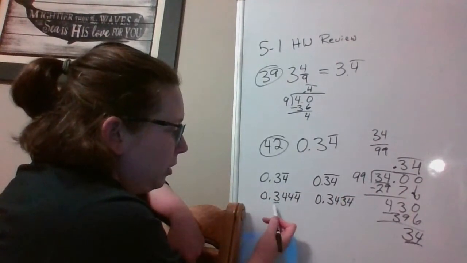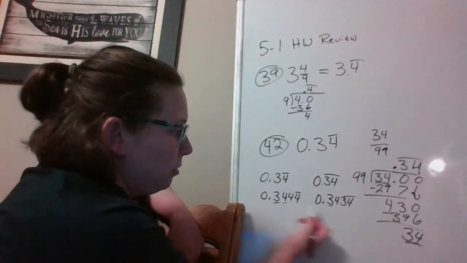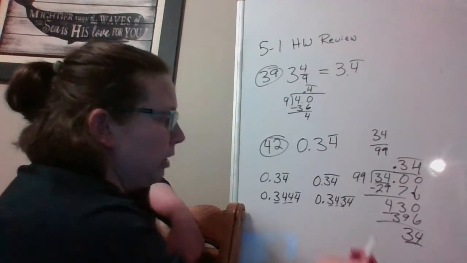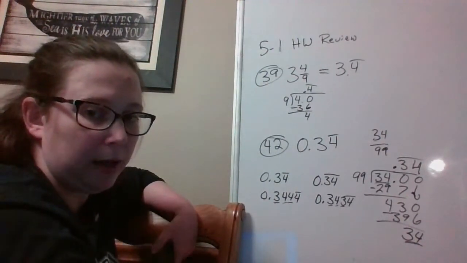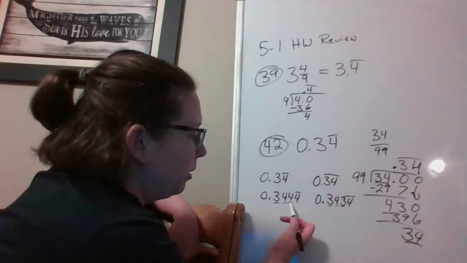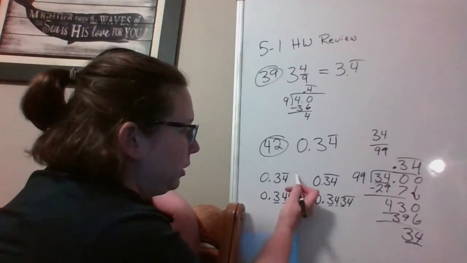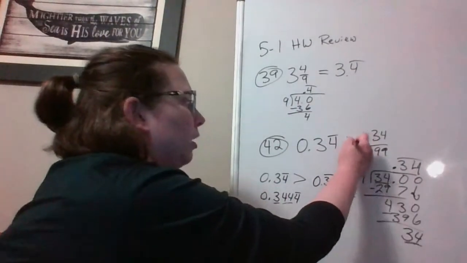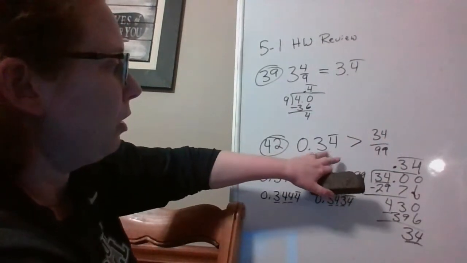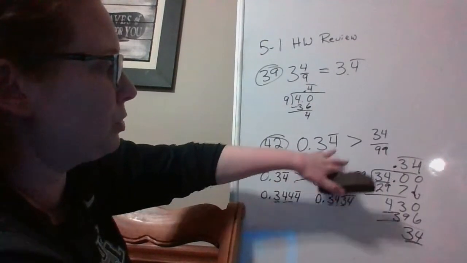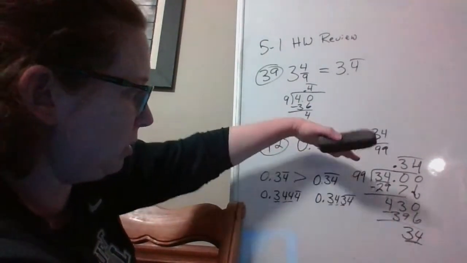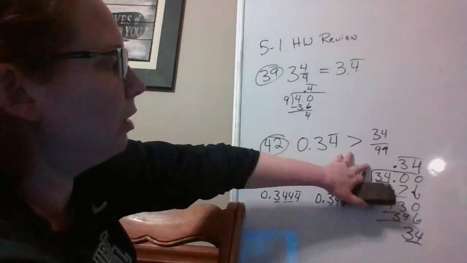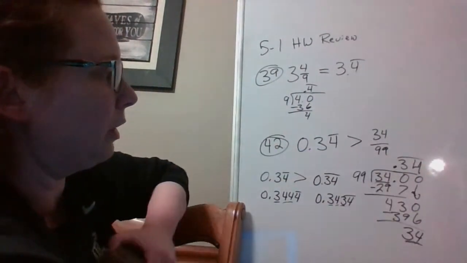So when we compare now, 3's are the same, 4's are the same, and here in the thousands place we have our difference that we can compare. 4 is larger than 3. So, actually let me put that up in our original. 34 hundredths with a repeating period of 4 is a tiny bit bigger than 34/99.